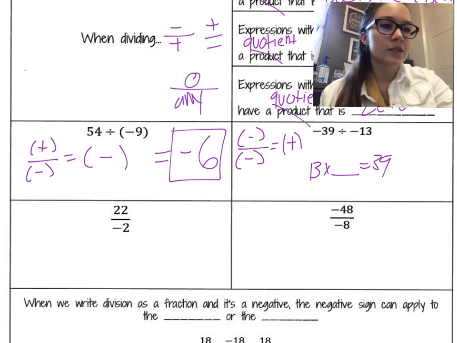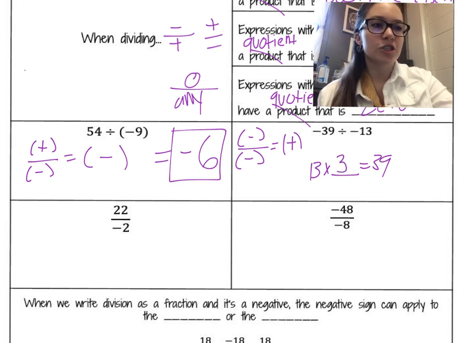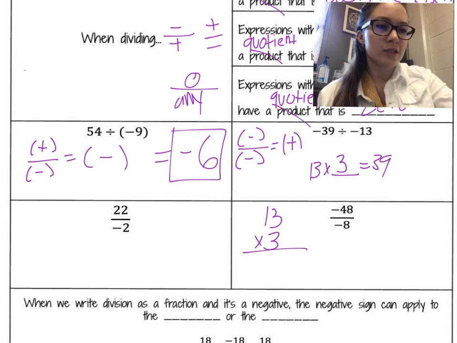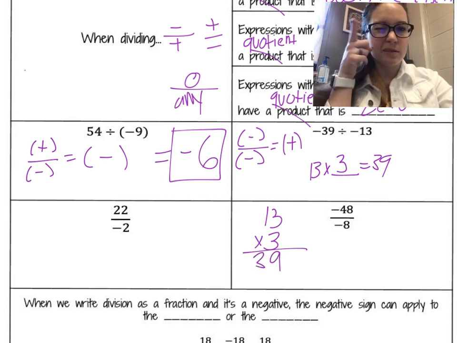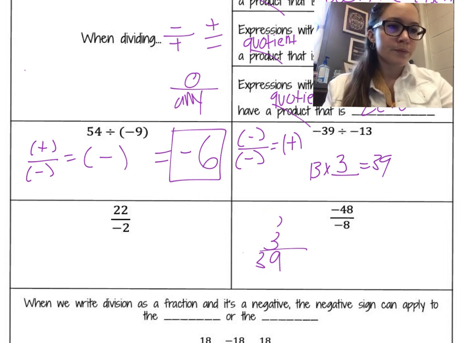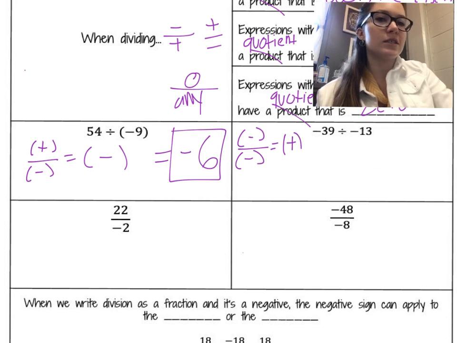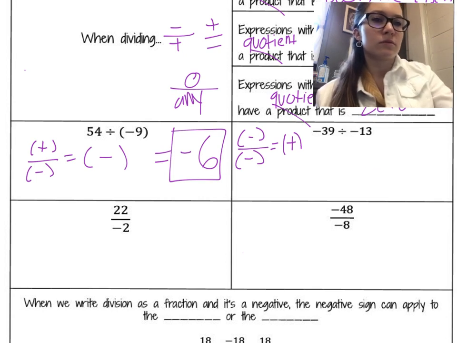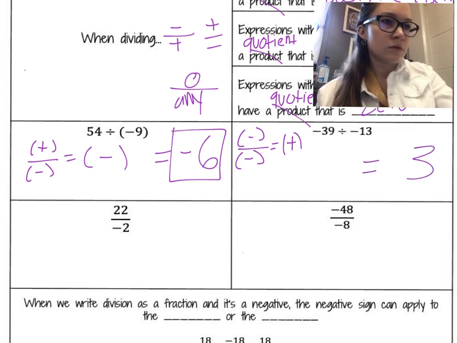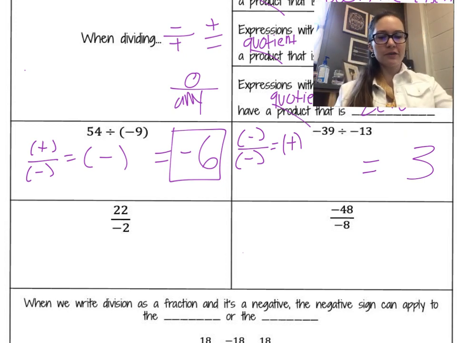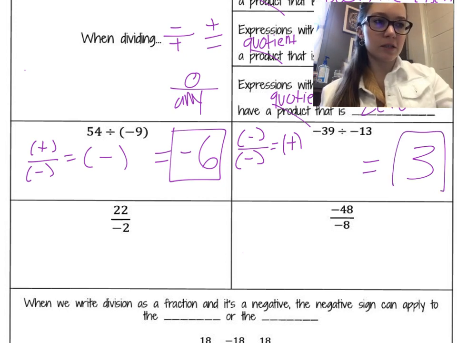Well, I know it's going to be 3, and we can check that. Right? 13 times 3 is 9. 3 times 1 is 3. Gave me 39. We're good to go. Okay, so 39 divided by 13 is 3. And a negative divided by a negative is positive, so my answer is positive 3.